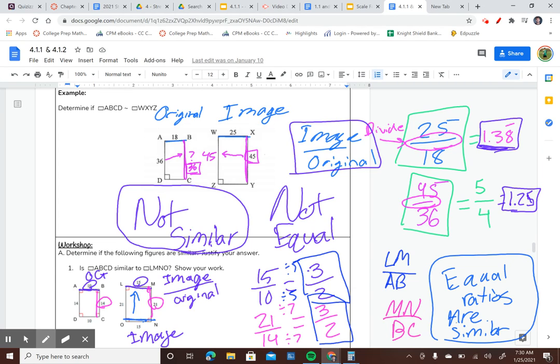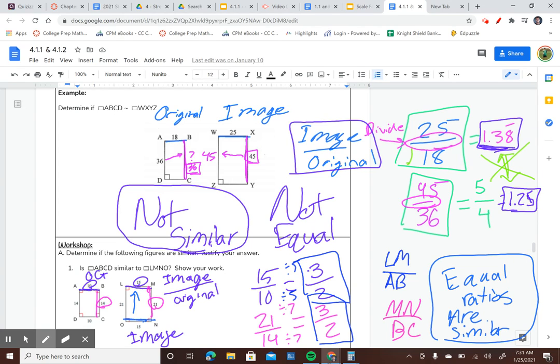So let's take a look at some key points here. Since 1.38 or 25 over 18 was not equal to 45 over 36, right? When we divided 25 by 18 and 45 by 36, we got different answers here, right? They were not equal. Then they weren't similar figures.